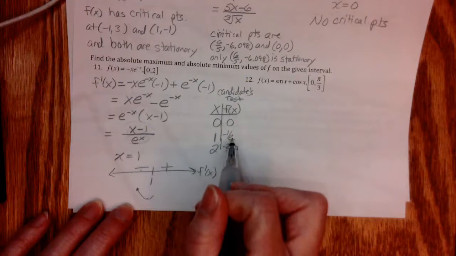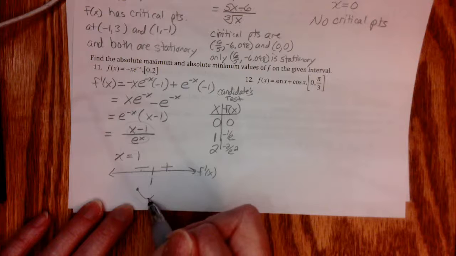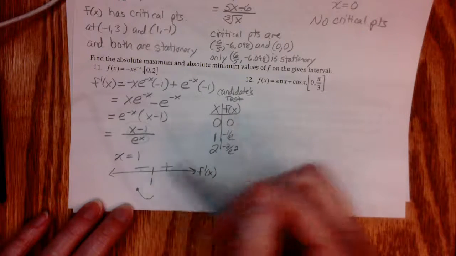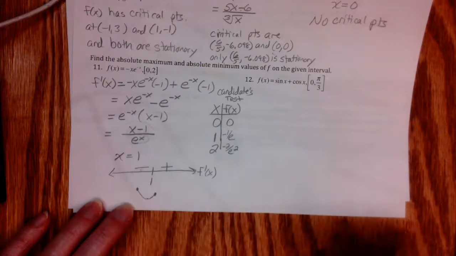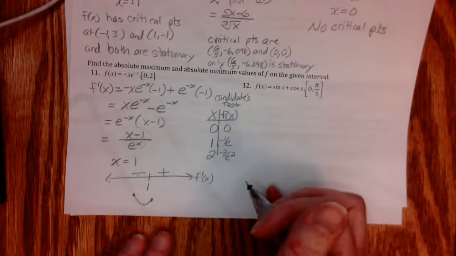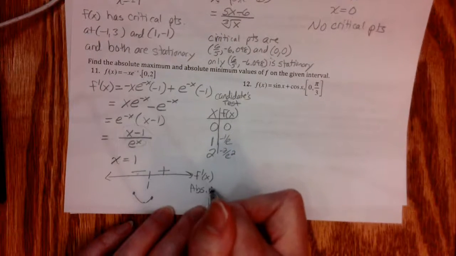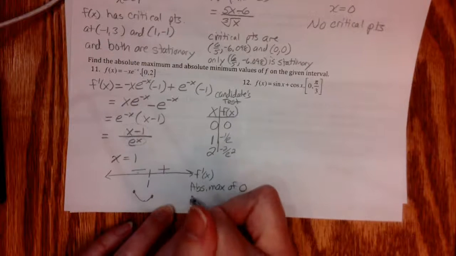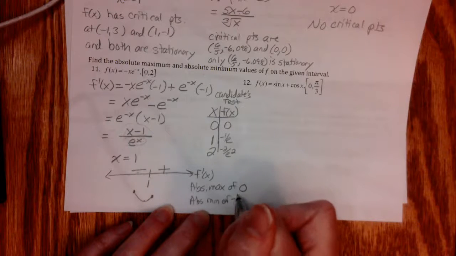Well, I know this one is the absolute minimum because it's heading down and it's bottoming out. I needed the comparison. So 0 is definitely higher than any negative number. So I'm going to stop my graph right here and say this is a quick little visual as to what's going on with that function. So I'm going to say this one has an absolute max of 0 and an absolute min of negative 1 over e.